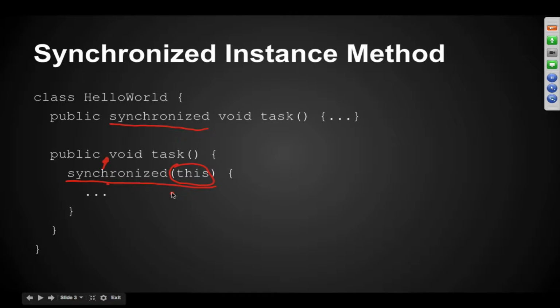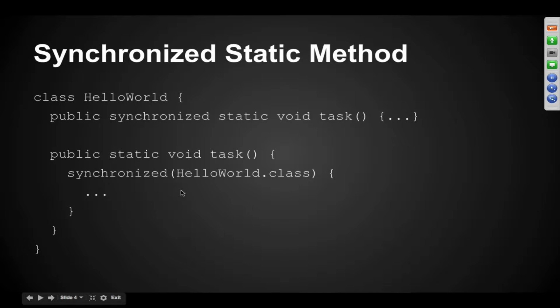Again, we can do the same thing on a static method. But if you synchronize on a static method, you are actually locking the class itself. In this case, my class name is HelloWorld, so it's going to lock the HelloWorld class.